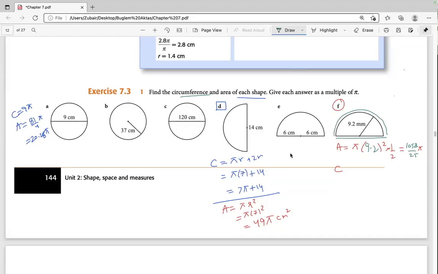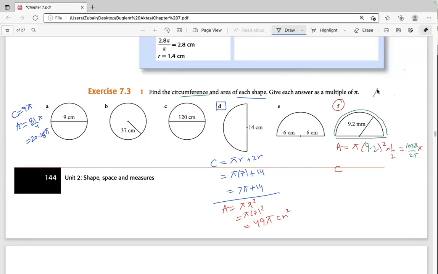So pi r square by 2. 9.2 squared by 2 gives me 1058 by 25. That is 42.32. And then don't we divide it by 2, like the 9.2? We don't divide 9.2 by 2. That is already the radius.